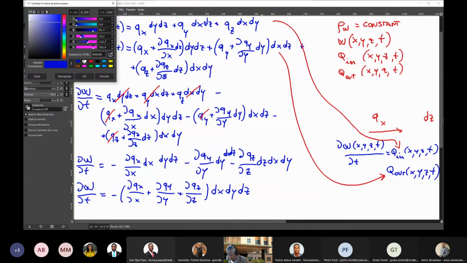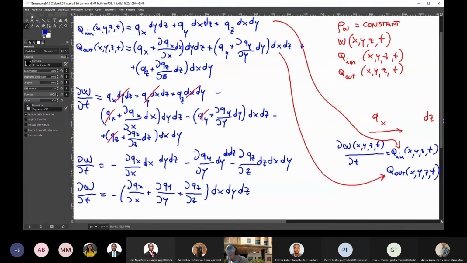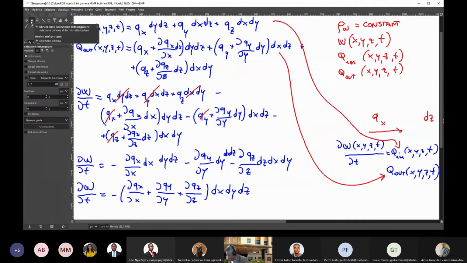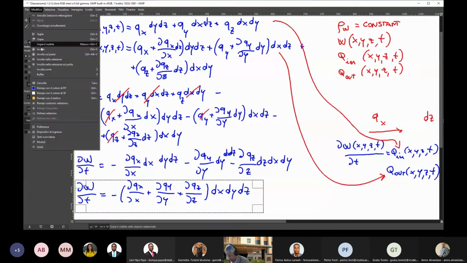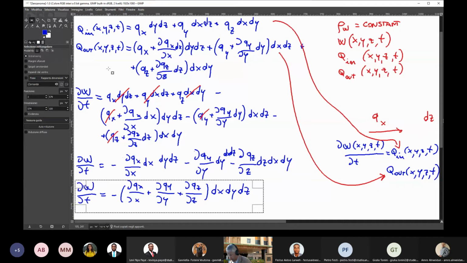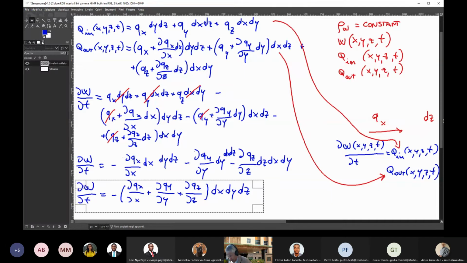let me simplify this blackboard in this way. Let me take this equation here. Okay, let me copy it and let me paste it as a new level. Okay, good. And now let me delete the part here which I already developed. So let me delete this.